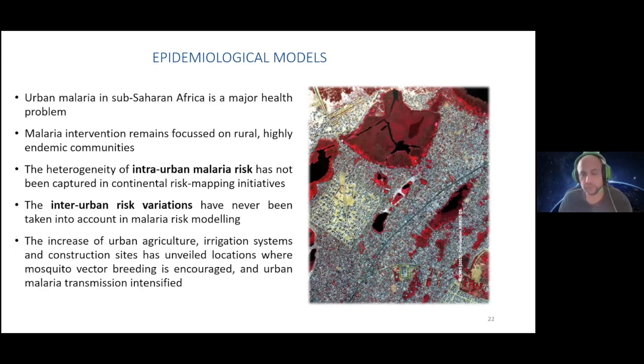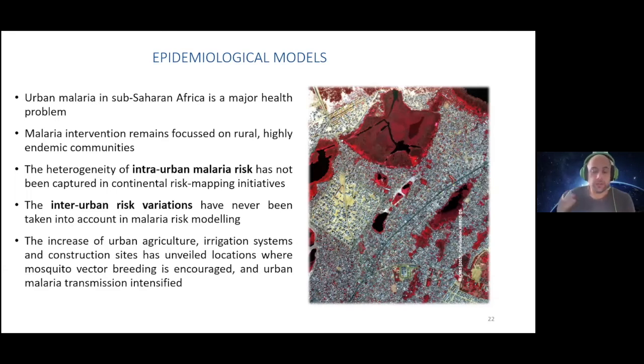This has to do with urban agriculture that is increasing, as malaria is a vector-borne disease transmitted by mosquitoes who transmit the parasite to humans. The mosquitoes breed in small puddles of water. So when we have urban agriculture or industrial areas that are not really paid attention to, they are full of water when it's flooding, and then the mosquito breeding really intensifies, which also affects the transmission of malaria in general.